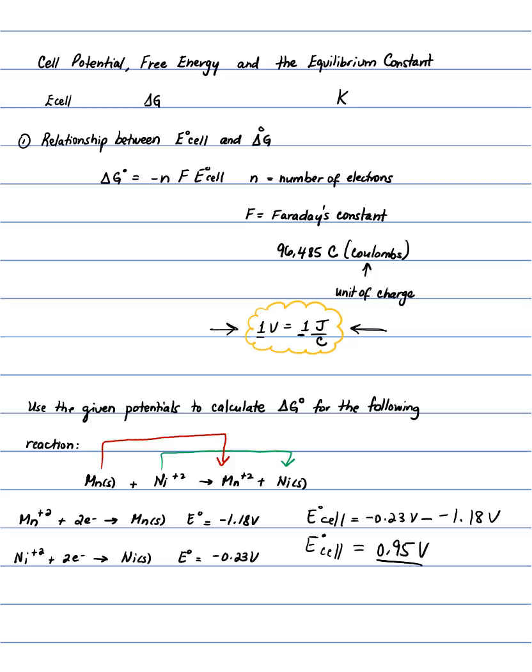The value of F you have, but look, the value of F is given in units of coulombs, okay? Units C for charge. The cell potential that you're calculating has units of volts. That is why we need that conversion factor right here.